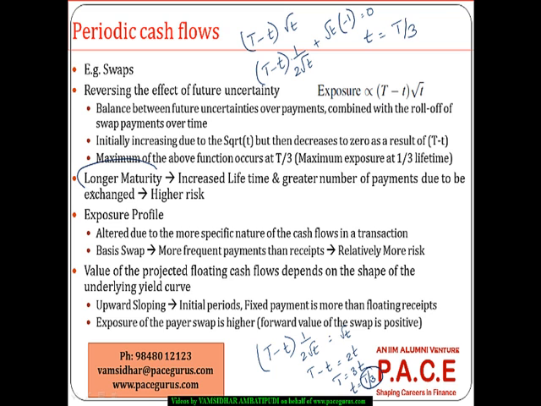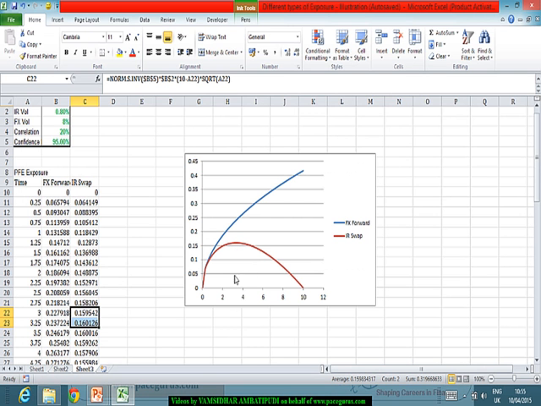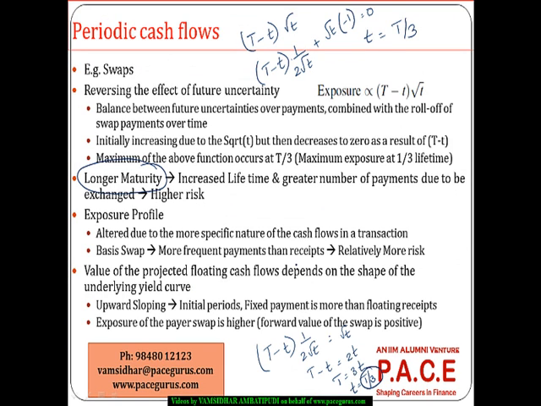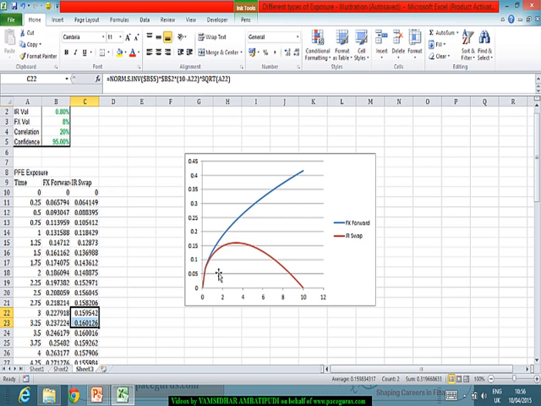So the longer the maturity period, if it is a 10-year period here, the lifetime is much higher, more number of payments are swapped, which means there is a higher risk that is coming up. Instead of 10 years, if I look out for a 20-year period, I'll see that the numbers will be much different.